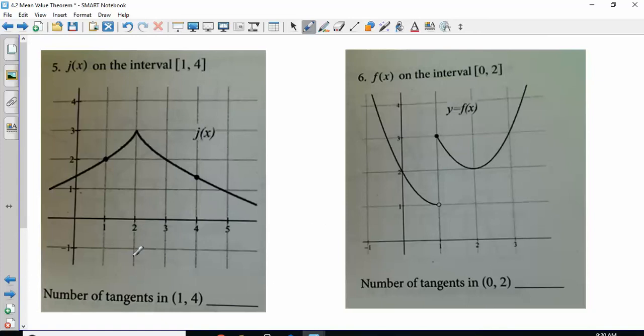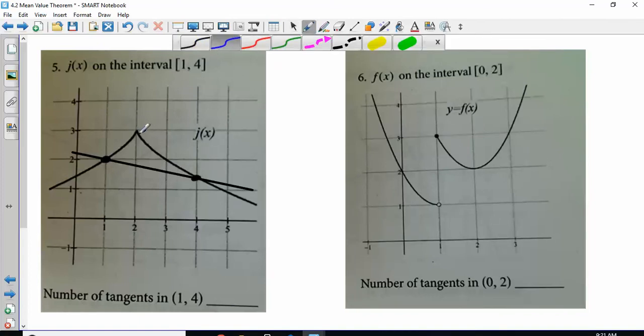On this one, I want to look between 1 and 4. So here are those points. If I drew the tangent line between them, it's right there. Is there anywhere I would have a tangent line that's horizontal to that? Why? What about like here?